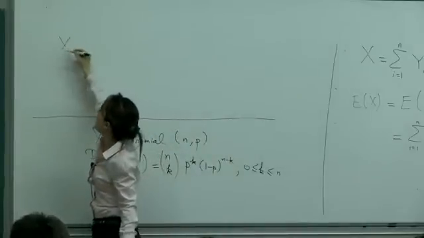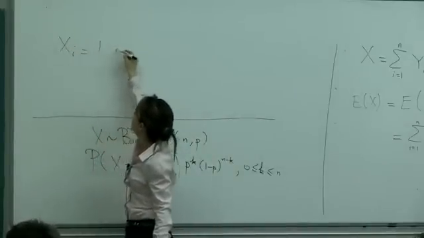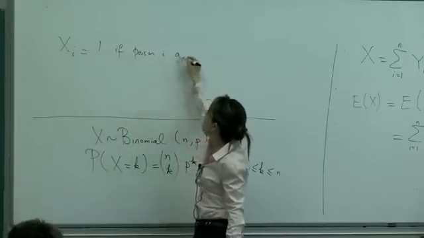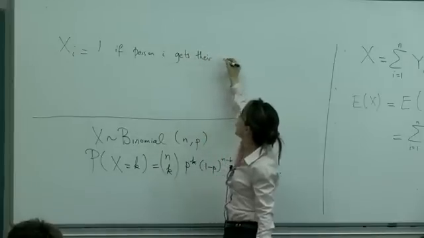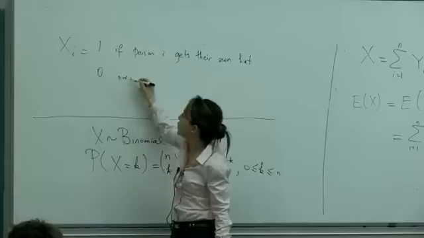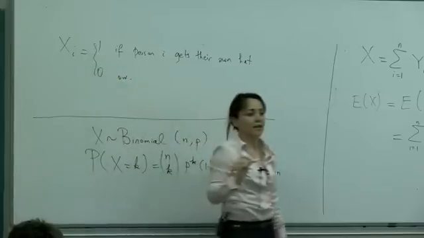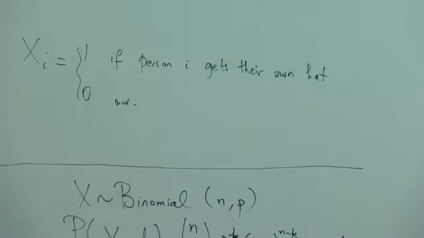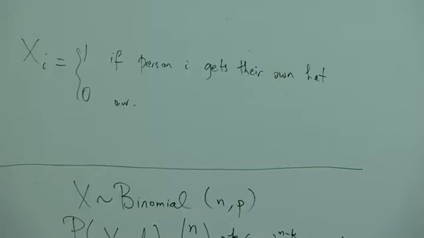So let Xi be equal to 1 if person i gets their own hat back, and 0 otherwise. So Xi indicates whether person number i got their own hat or not. Remember this? I told you, this is the indicator function of the event that person i gets their own hat back. And indicator functions are Bernoulli random variables.